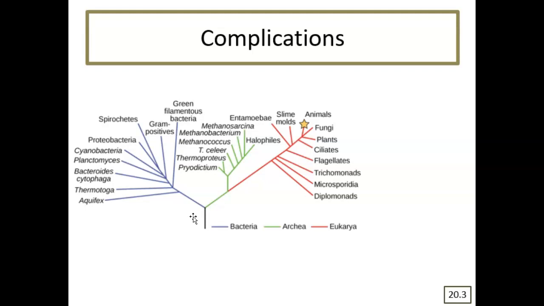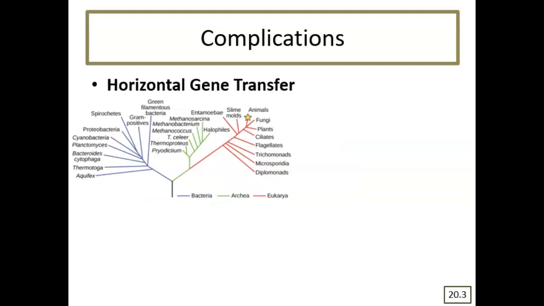But there's this other thing that can happen known as horizontal gene transfer. To understand what I mean by that, first let me mention what I would mean by vertical gene transfer. In vertical gene transfer, parents pass on genes to their offspring, right? Vertical, down through the lineage, that a parent provides genetic information to the offspring.